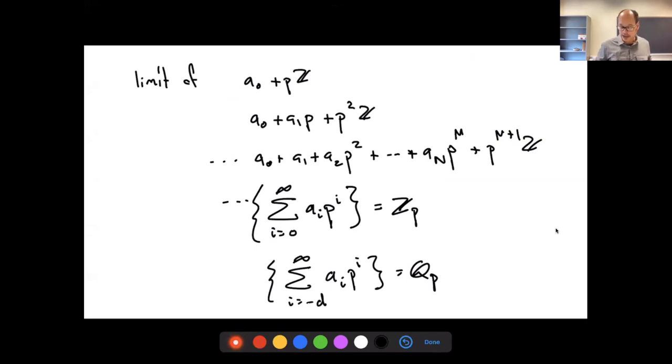If your solution B was less than p to the n, then once you get to this point over here, your process would stop and you wouldn't have to do further approximations. But you can formally let these things continue and look at formal expressions of this sort.